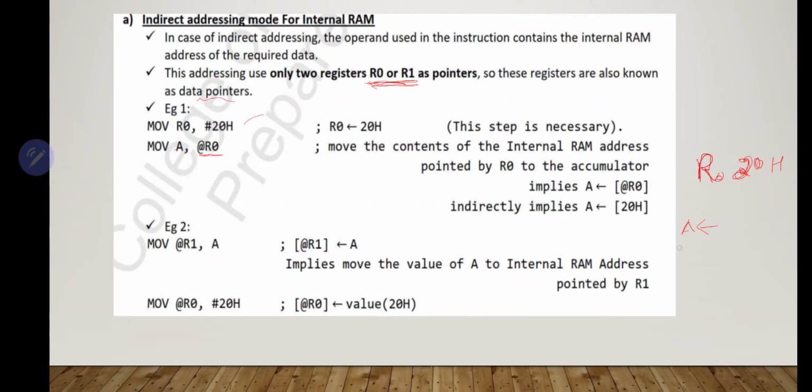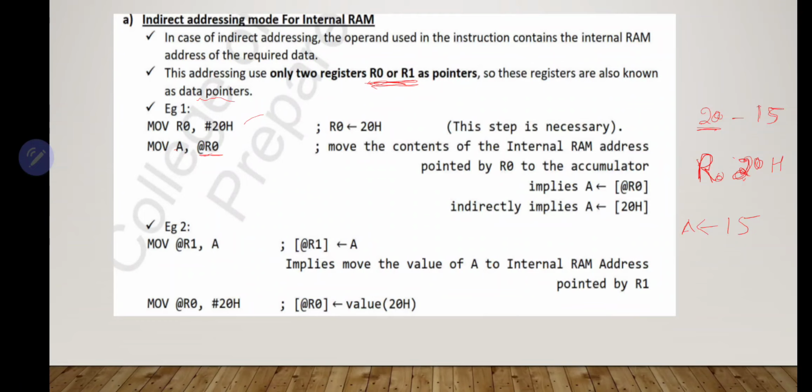The content becomes an address. At address 20 there is a value 15. So the content 20 in R0 is converted to an address, we go to address 20 and take the data 15, so A has 15 as the data.